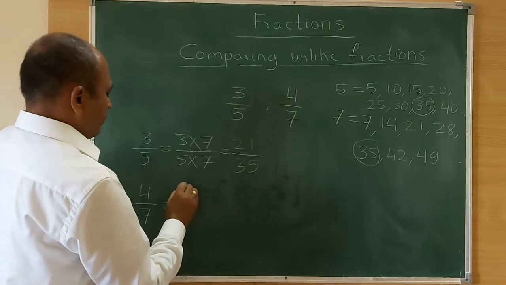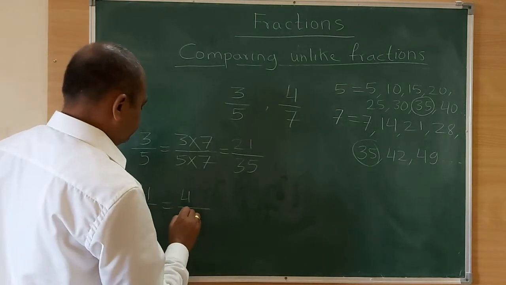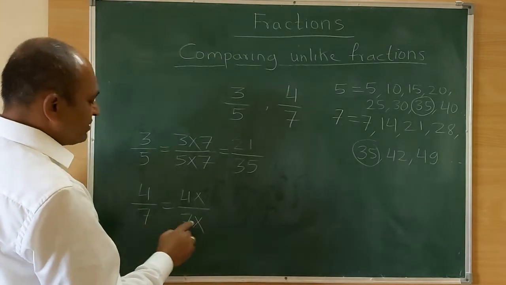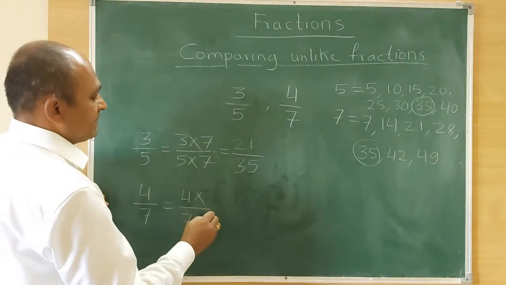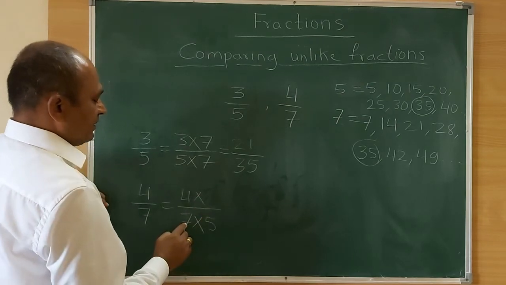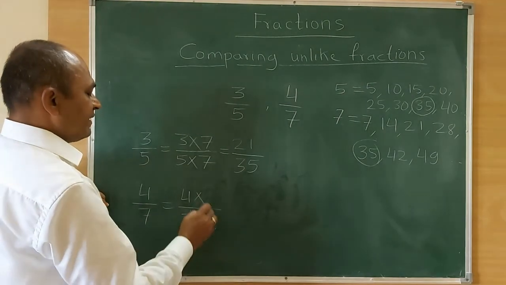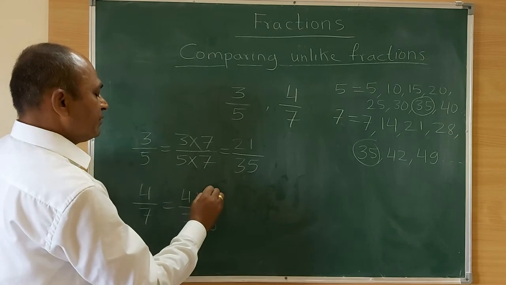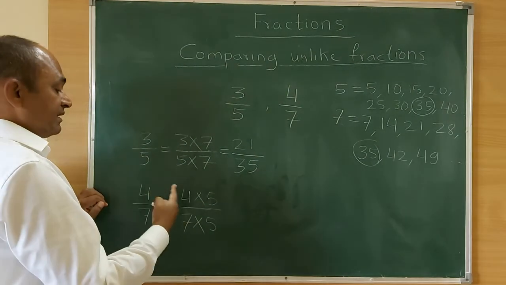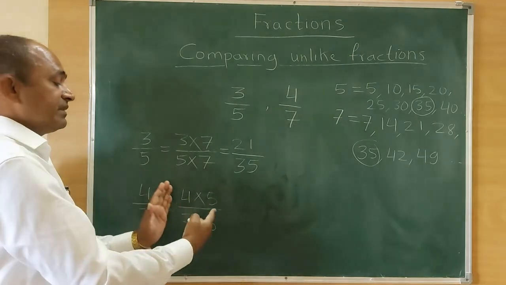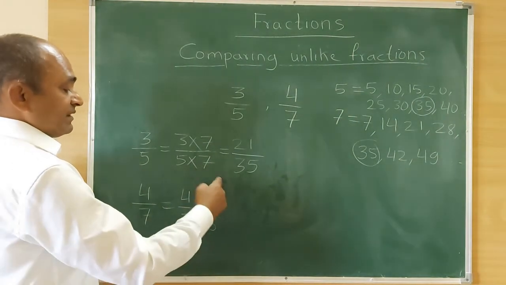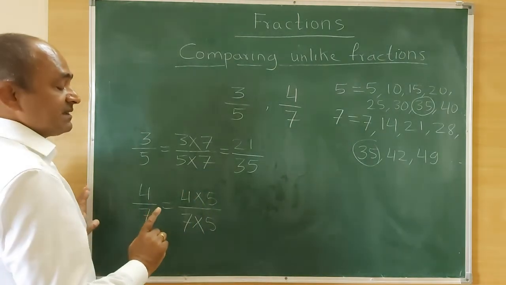Let us see. 7 multiplied by which number will I get 35? Yes, 7 5s are 35. When I'm multiplying denominator 7 by 5, I have to multiply the numerator also by 5. Whenever you are converting some fraction into its equivalent fraction, you should multiply the numerator and the denominator by the same number.